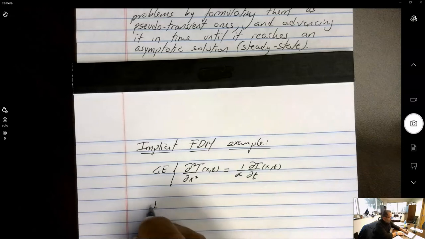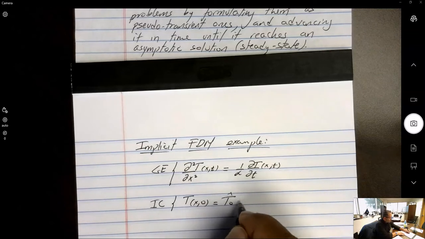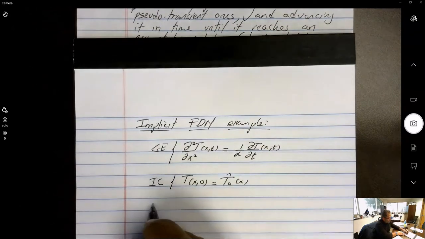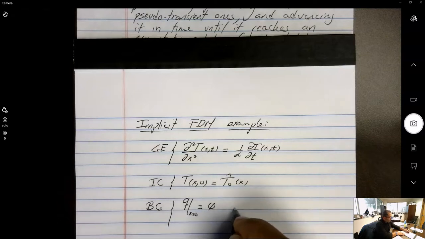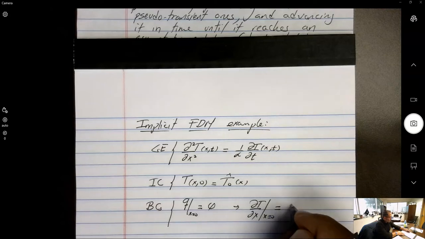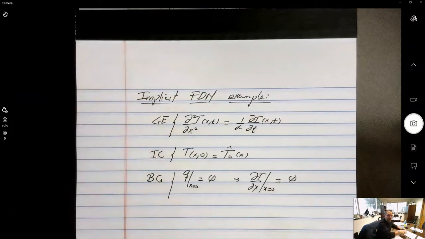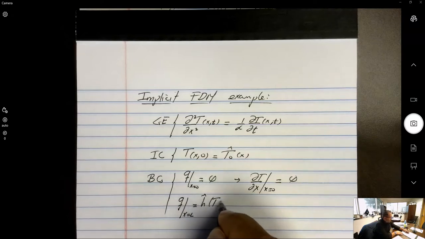We have an initial condition, T(x,0) is equal to T0(x), whatever that is. And boundary conditions: on the left we have q at x equals 0 equal to 0, so that means that dT/dx at x equals 0 is equal to 0. So it's insulated on the left. And on the right, we have q at x equal L is h times (T at x equal L minus T infinity).